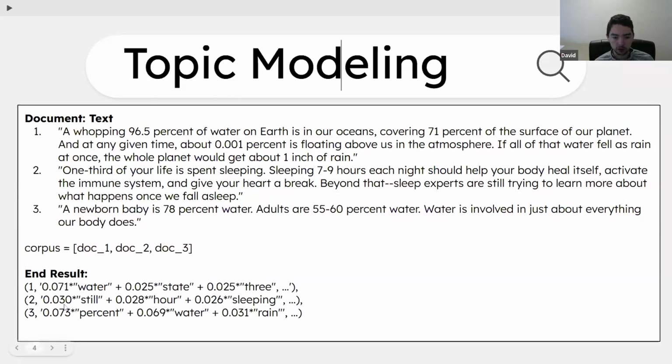These were the most important latent words that had to do with the topic. So still an hour and sleeping. This algorithm is more in the machine learning category, and it's not perfect.